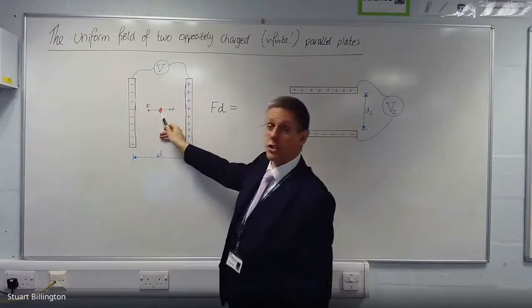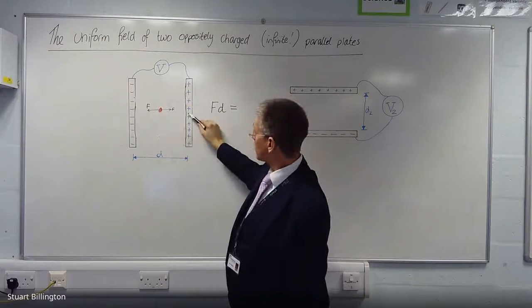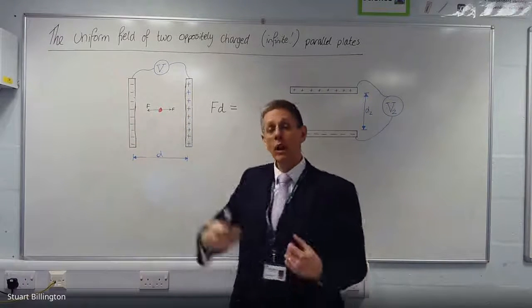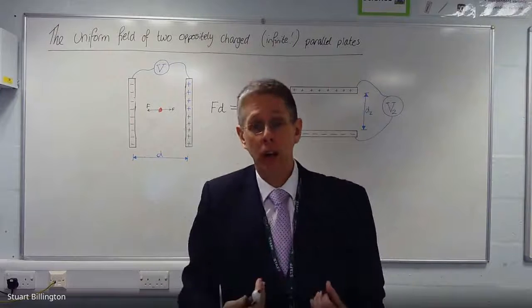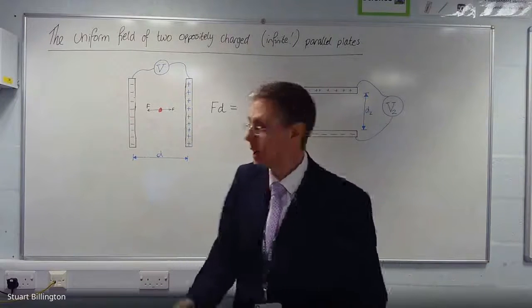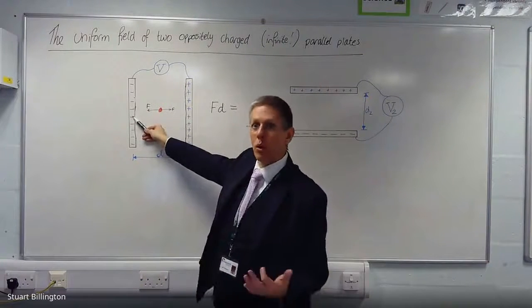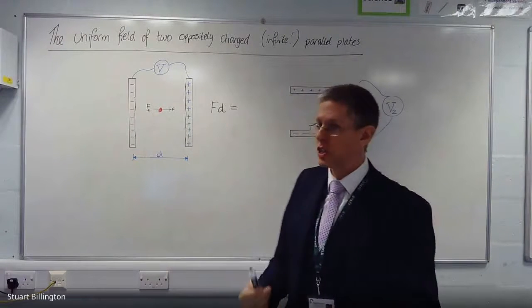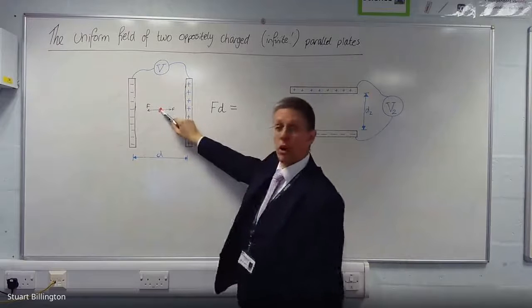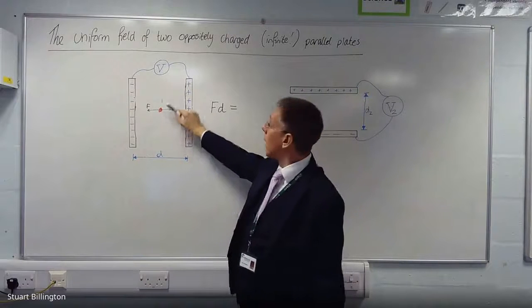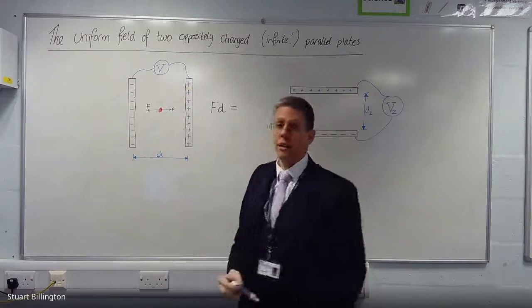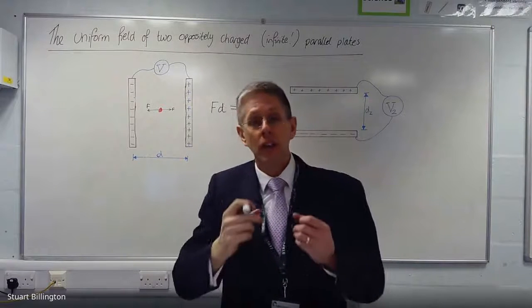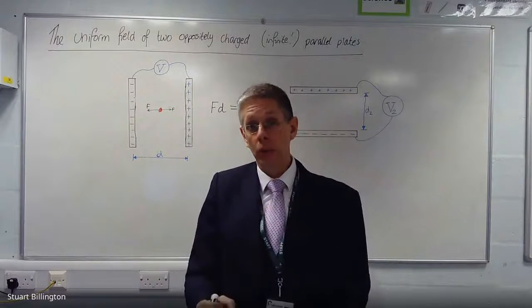This electron in particular has traveled from here to here, and while it was traveling, we did work on it to give it more energy. The electrons here have more energy than the electrons here, and the amount of extra energy is whatever work we just did to it. And that's given to us by V, the potential difference, the energy per Coulomb.